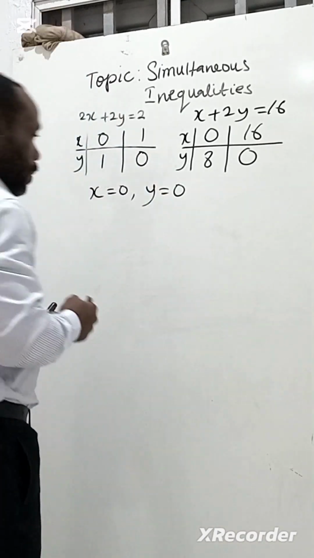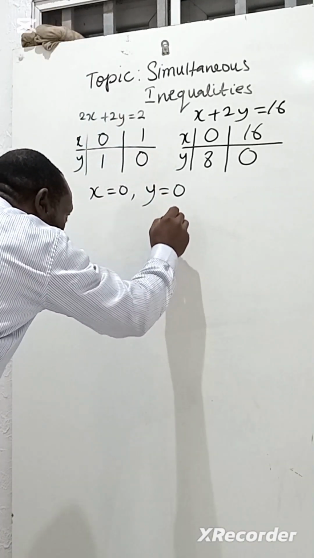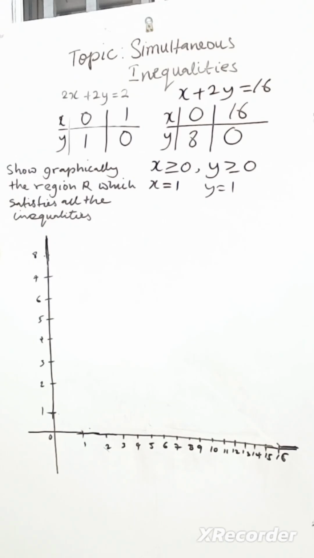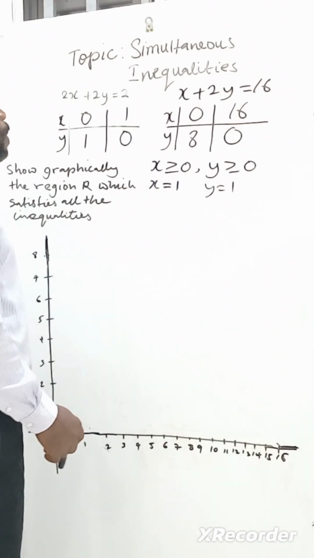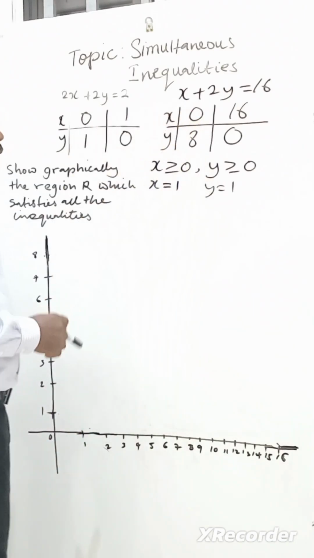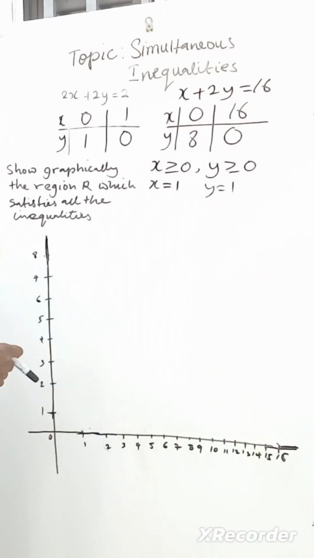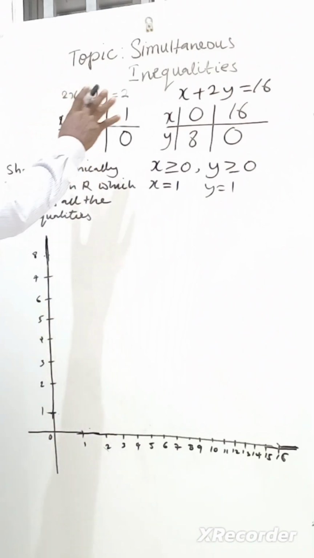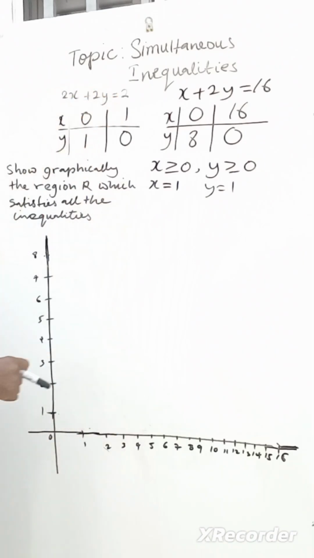So I'm going to draw my graph on the board. So these are the table of values for the inequality equations. So this is my Cartesian plane. I'm going to plot the equations on the Cartesian plane.